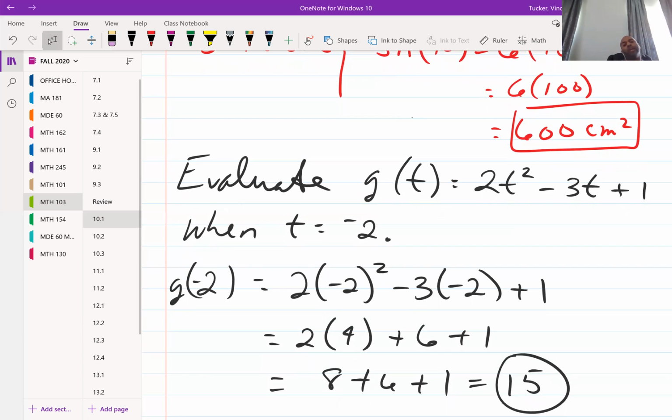All right, so that's 2 times -2 squared minus 3 times -2 plus 1. All we do is take -2 and plug it in where we saw t. -2 squared is 4. -3 times -2 is a positive 6. So that's why we have a plus 6 right there. 2 times 4 is 8. So we got 8 plus 6 plus 1, which gives us 15. So when t is -2, the result will be 15.